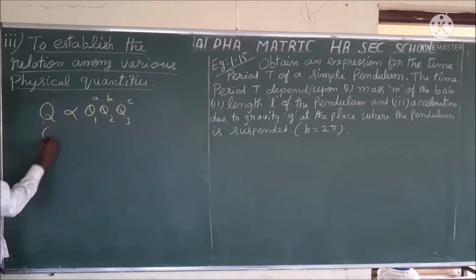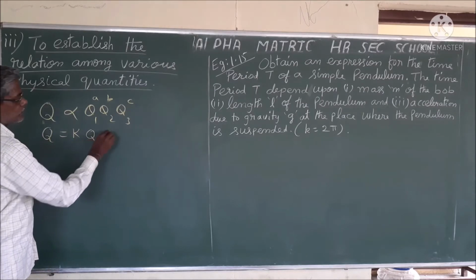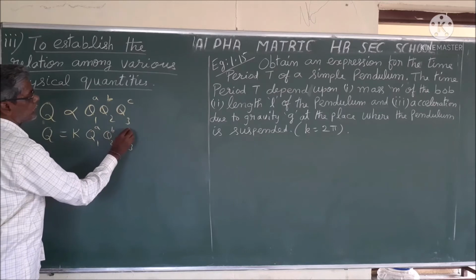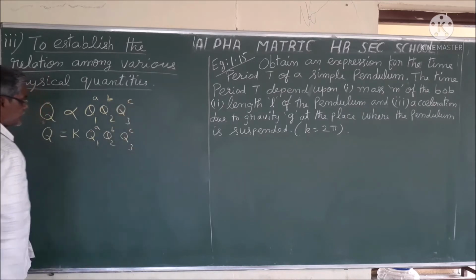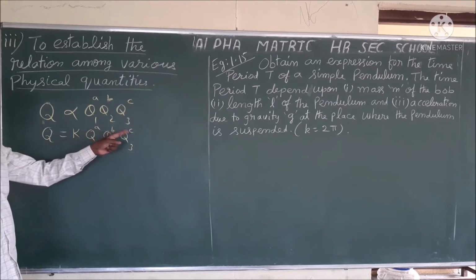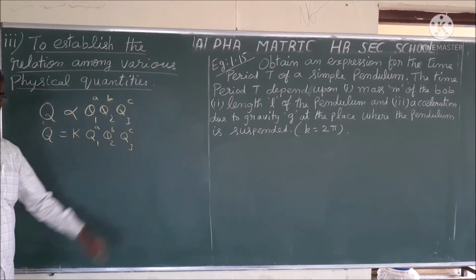Now if I remove this proportionality, I write a constant K, Q1 power A, Q2 power B, Q3 power C. Now A, B, C are the powers of the dimensions of Q1, Q2 and Q3.